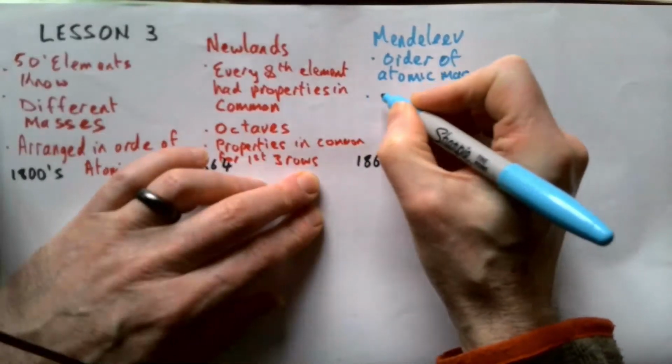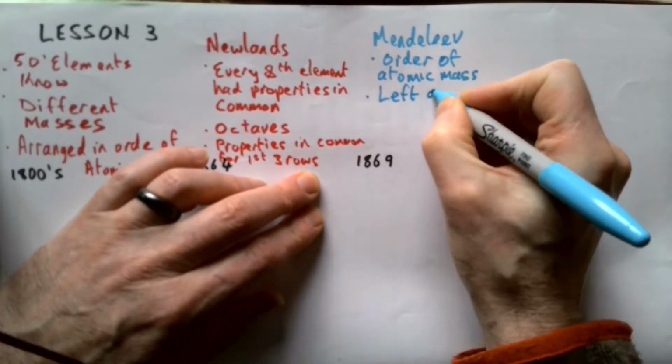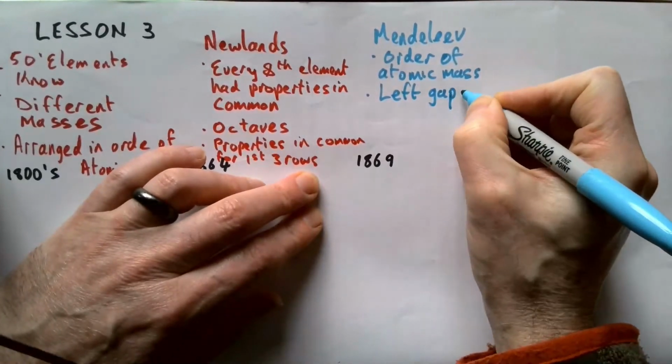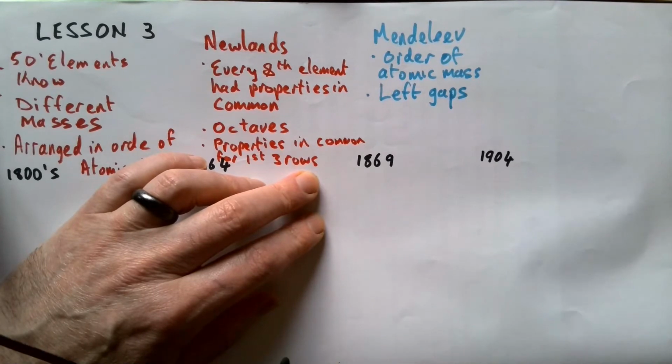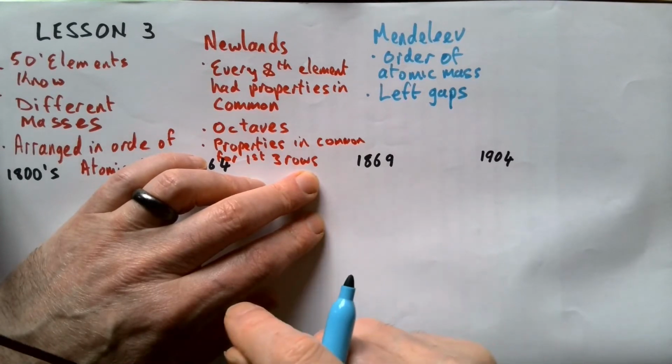But he left gaps in the table. That is the key piece of information. And he was able to predict the properties of the elements in those gaps.